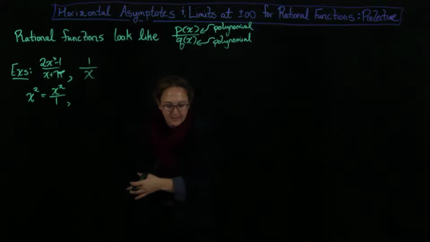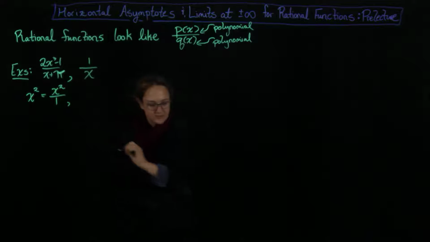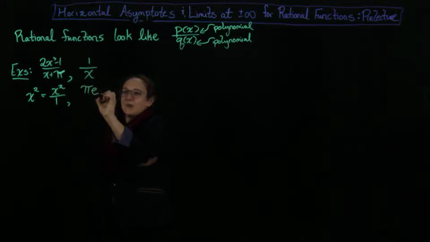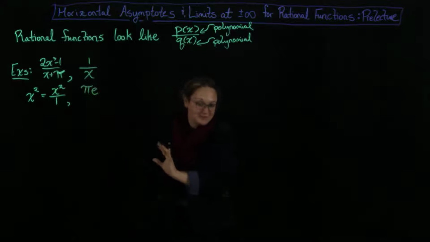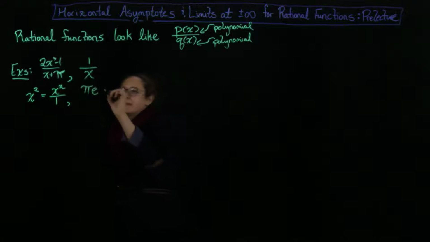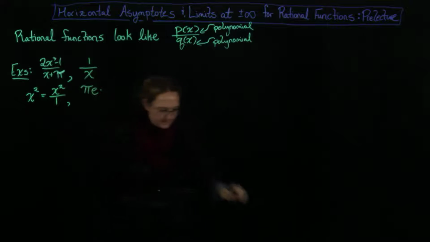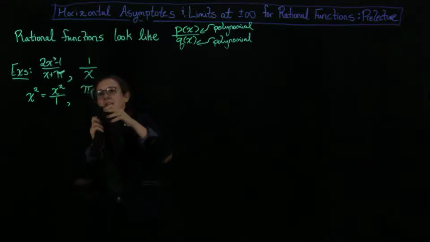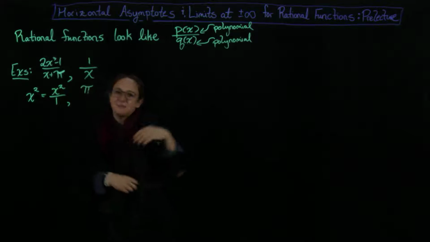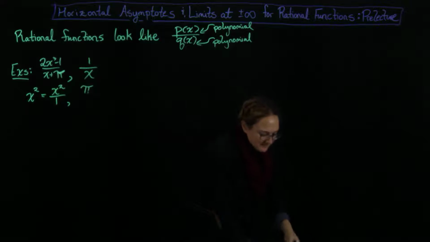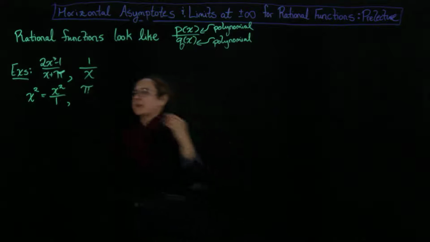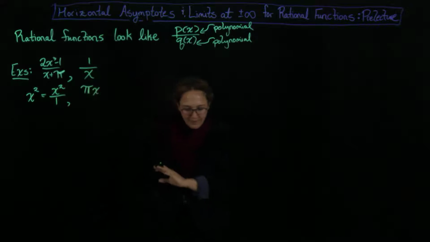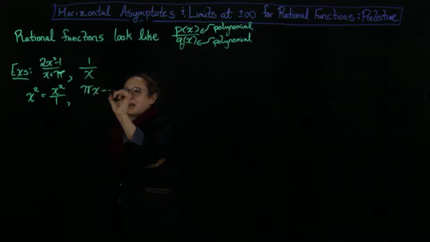Here's something a little bit crazier. Let's do pi x. As I said, any of our coefficients can be irrational numbers. They don't have to be integers. I meant to write an x there, because I want it to be the coefficient of x, and then subtract off e.